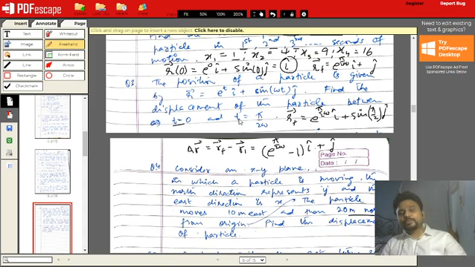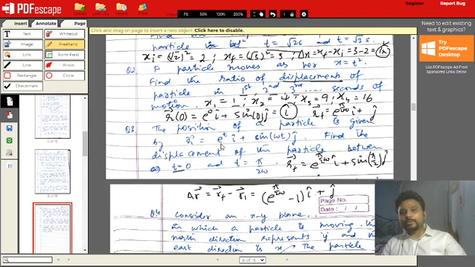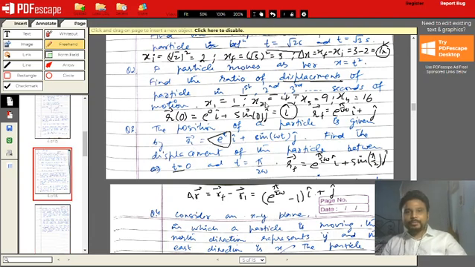And when the motion of the particle itself is pretty complicated, where the x-coordinate is following some exponential path and the y-coordinate is following some trigonometric path, even in those cases, without even drawing the path along which the particle is moving, we can find the displacement of the particle by substituting the values of t in the particular function at different times.